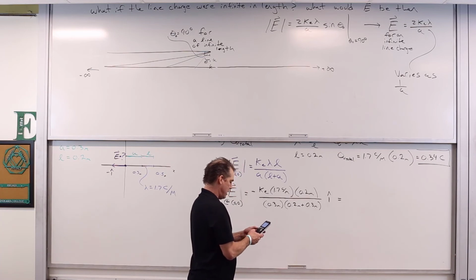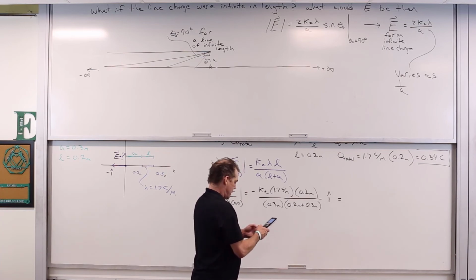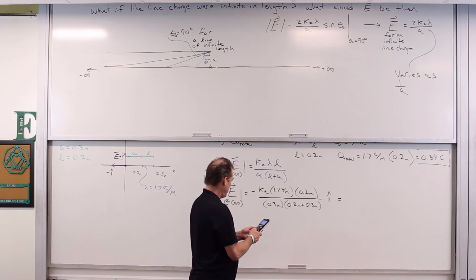We've got 8.99 e to the ninth times 1.7 times 0.2 divided by 0.3 times 0.5.